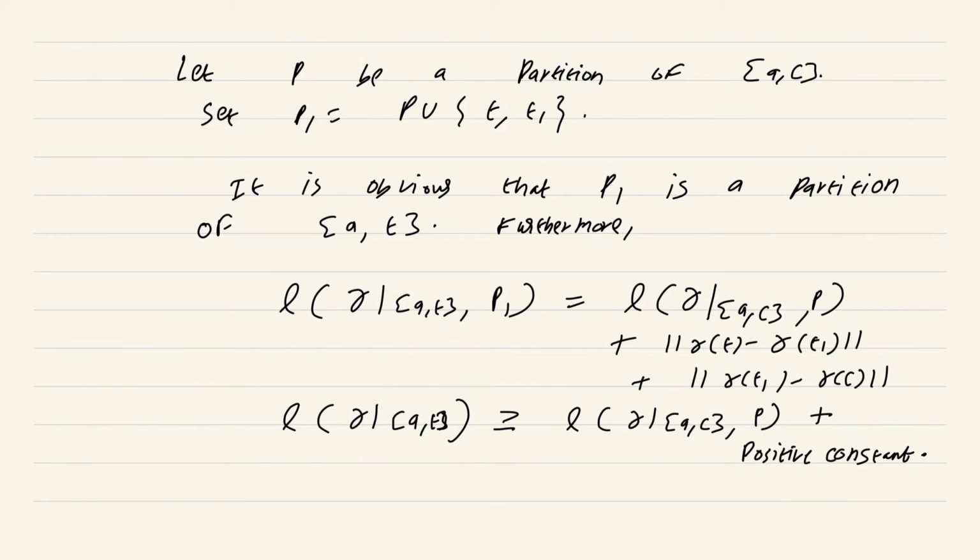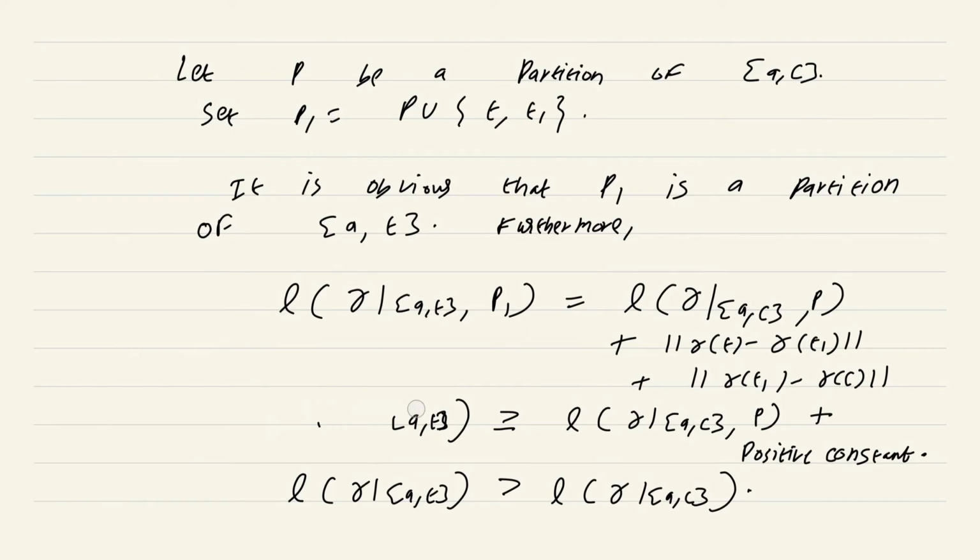Now taking the supremum on the right hand side with respect to P, we conclude that the length of gamma restricted to [a, t] is strictly greater than the length of gamma on [a, c]. Actually it's better to just combine both steps.